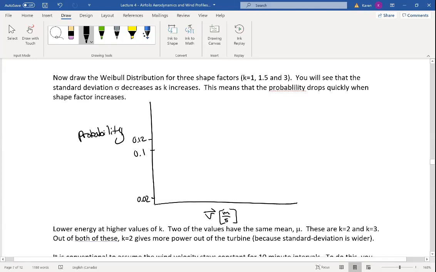I'm going to give you some scale. Down here, wind speed in meters per second, I'm going to say 5, 10, 15. Ooh, that's very high wind speed, 20.